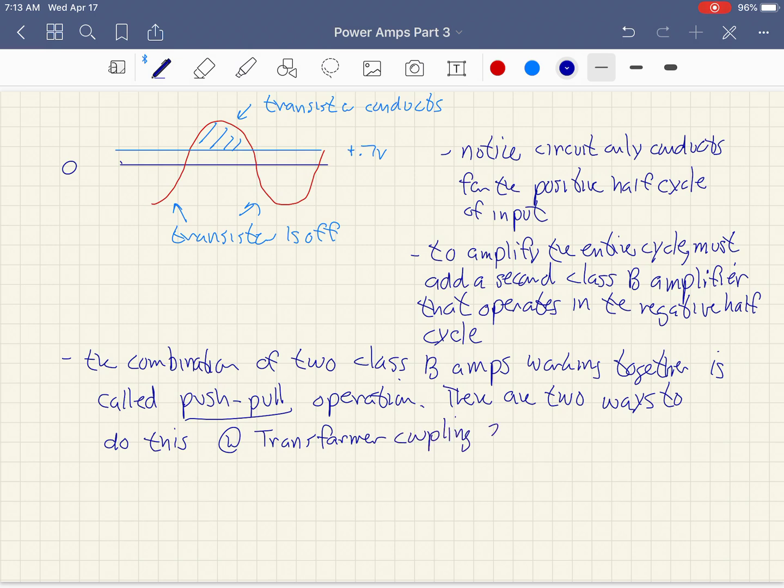And number two, using two what are called complementary symmetry transistors. All right, I'm going to stop this here, and in Power Amps Part 4, we'll take a look at these.